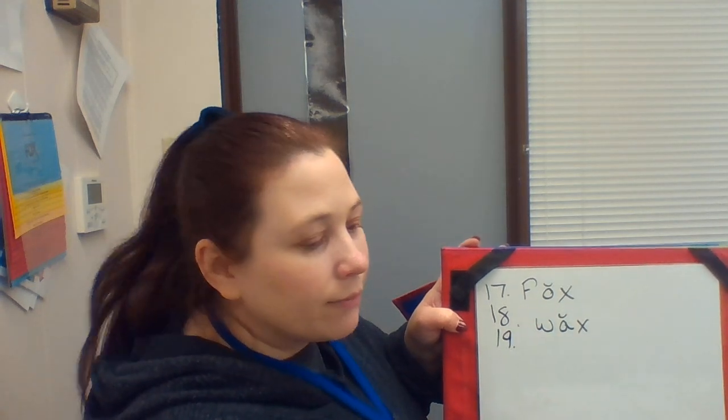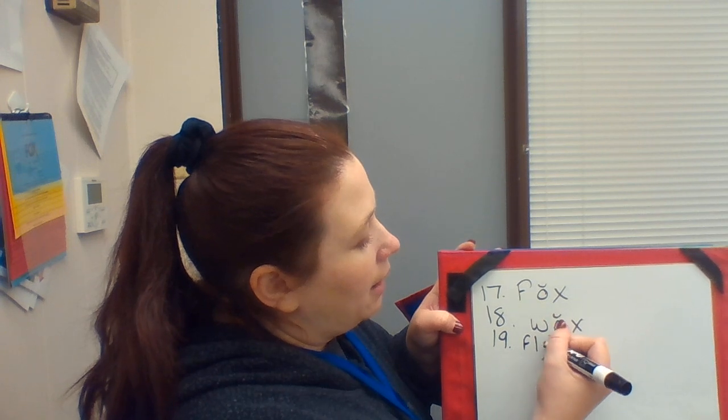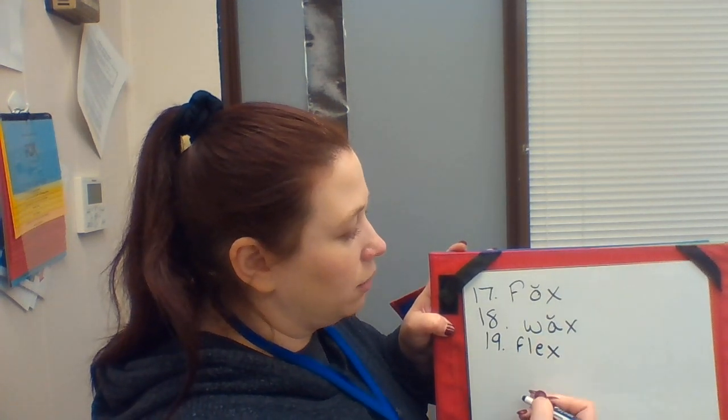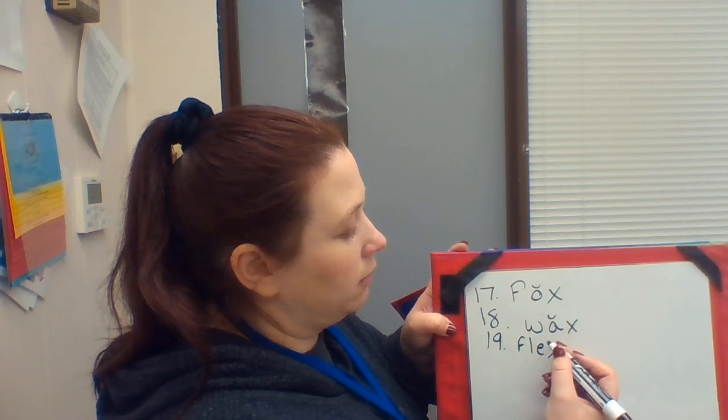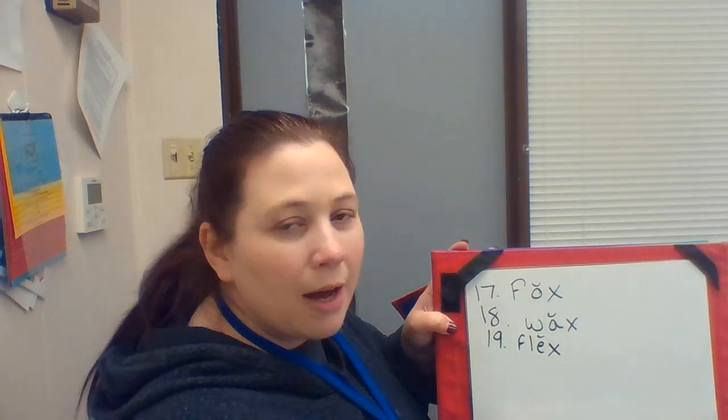Number 19 is flex. Again, we don't have anything to code because there's no obvious endings or suffixes or prefixes, so we're going to put, again, a breve on that flex.